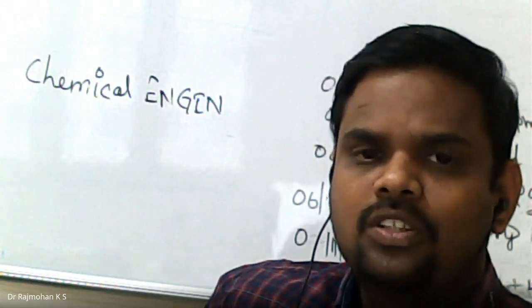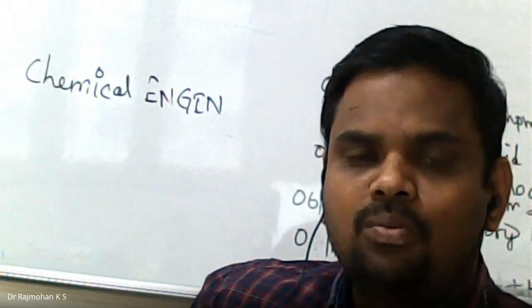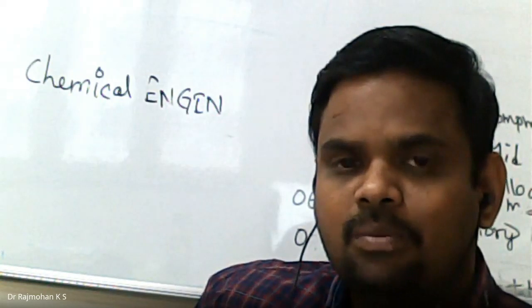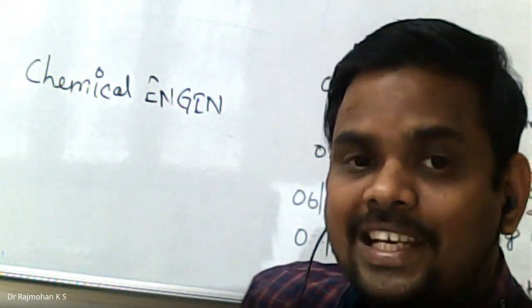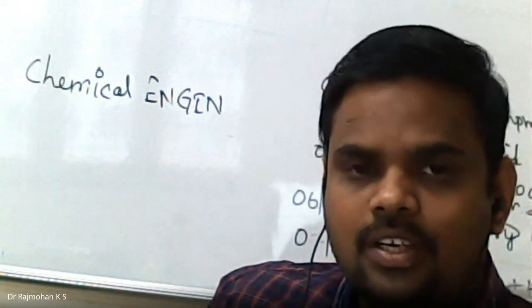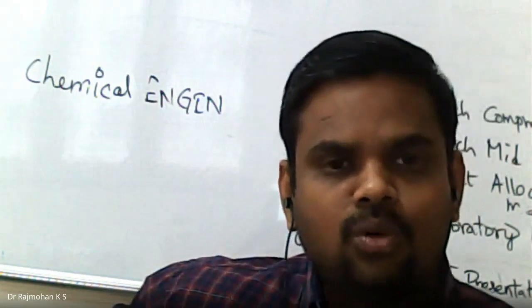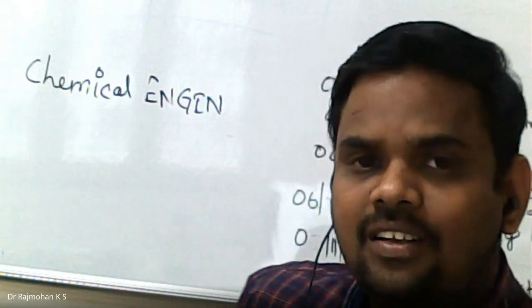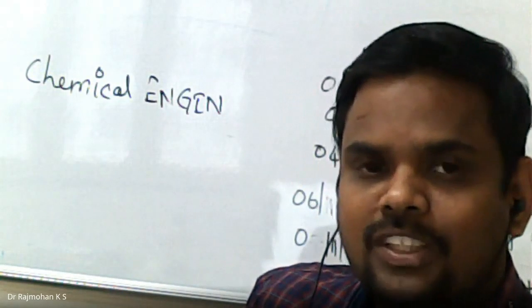Now what we are going to do is understand the inputs and outputs, and how to do a material balance in it. Typically in an absorption process, there are two inputs: a gas input and a liquid input, which may be the solvent. There are also two outputs. The entering gas will be rich in solute A, which may be a toxic component that has to be removed.